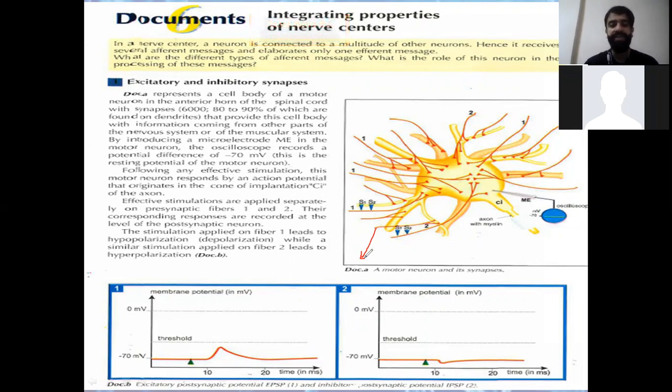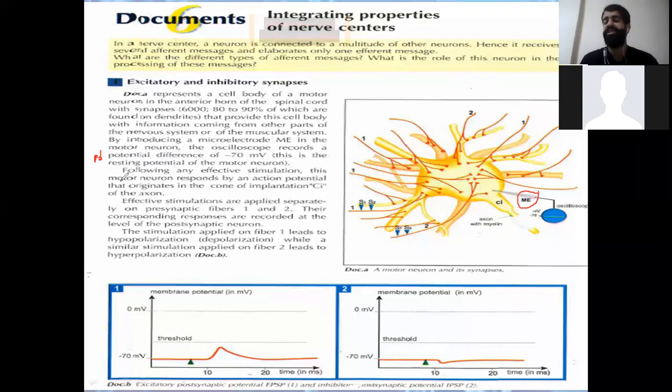So that provide this cell body with information coming from other parts of the nervous system or from the muscular system. By introducing a microelectrode, ME, in the motor neuron, the oscilloscope records a potential difference of about minus 70 millivolt.